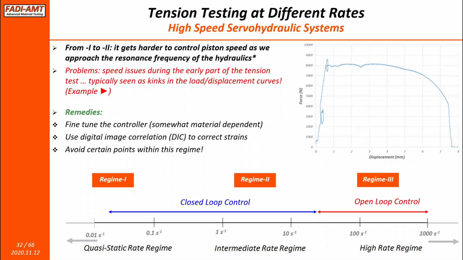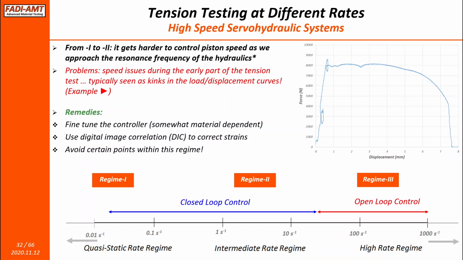These loops can be removed by simply doing a good job in terms of coupling the strains coming from the IC with your load coming from the machine. And you can get rid of all of them, and you just see basically a smooth stress strain curve when you do that.